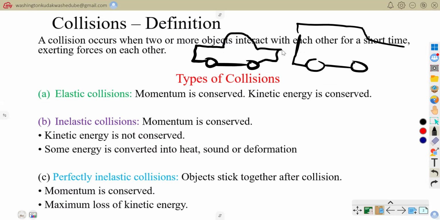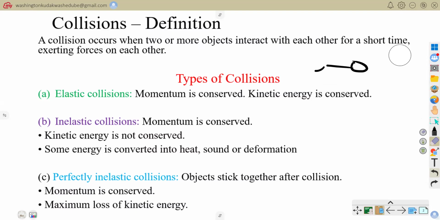In most instances, when a small car hits a truck, it gets deformed. What we are saying is that the shape of this car would change. When that happens, we say that that is an inelastic collision. Why? Because whenever there is a collision, there is conservation of momentum.